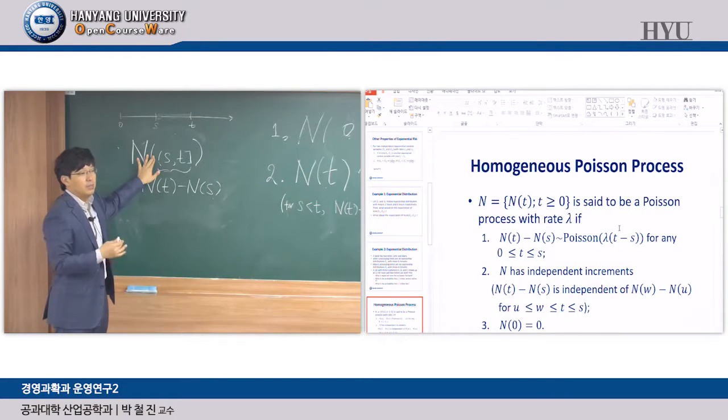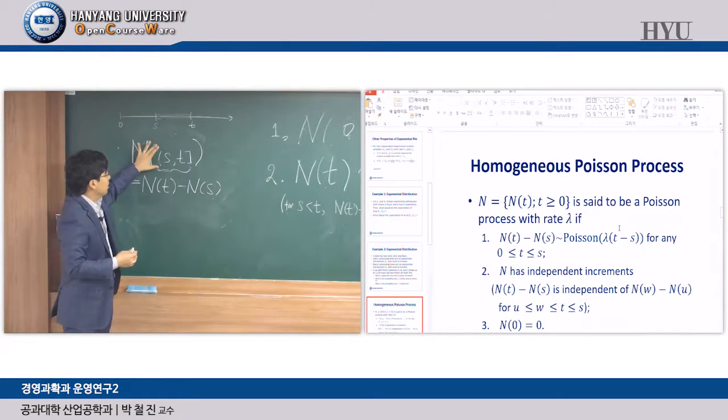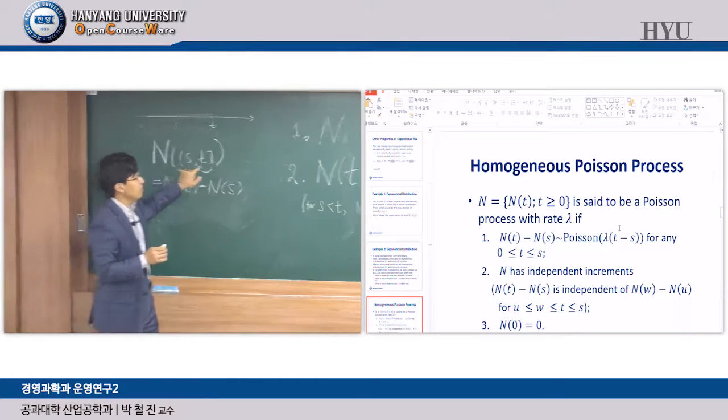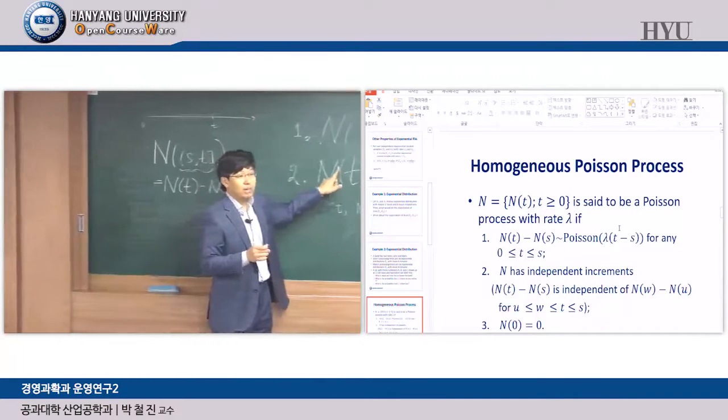At the beginning of the slides, I explained that inside the parentheses we can put the time measure, right? The simplified version is just a number, time.